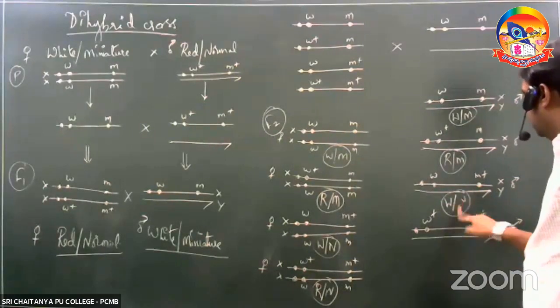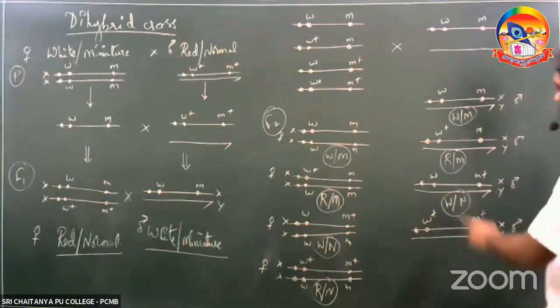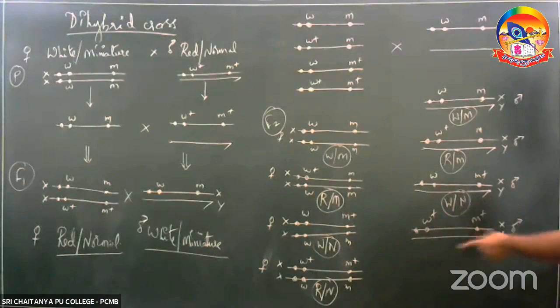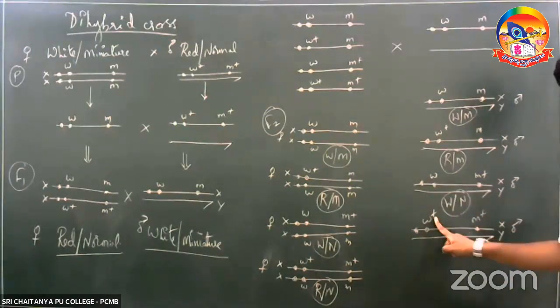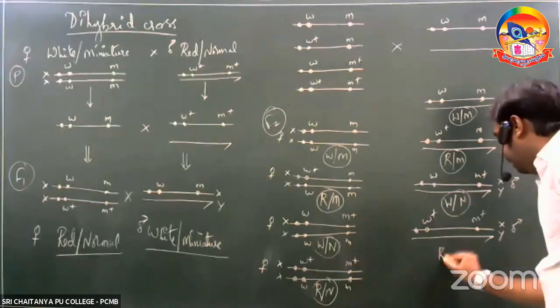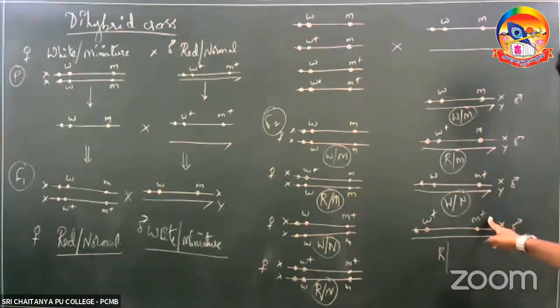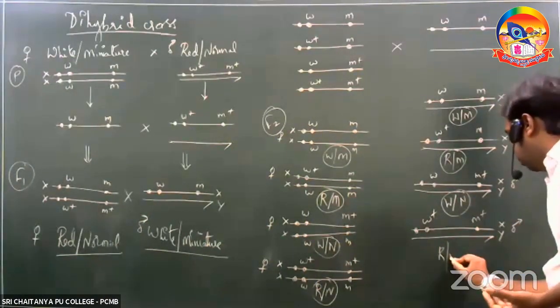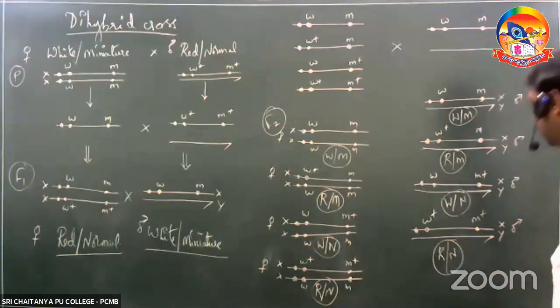So the individual here would be white eye, normal wing, male. The last condition, W plus, since it is a dominant allele here, this again would be red eye, right? And M plus again is a dominant allele here, so the phenotype here would be normal wing. Red eye, normal wing.